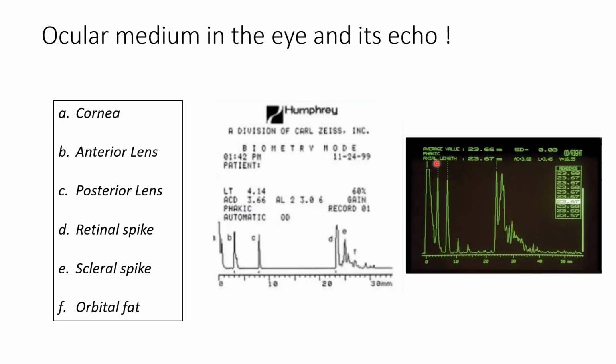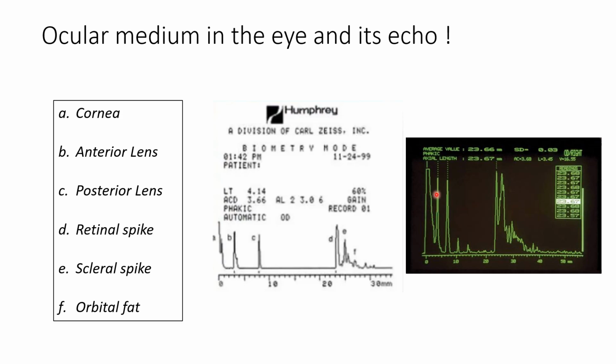So let us now try to identify these spikes over here. We now understand their reflections from the ocular media. The first spike over here is the spike of the cornea, the anterior and the posterior cornea. Since you are seeing both the anterior and the posterior corneal spike, the measurement must have been taken by an immersion ultrasound.